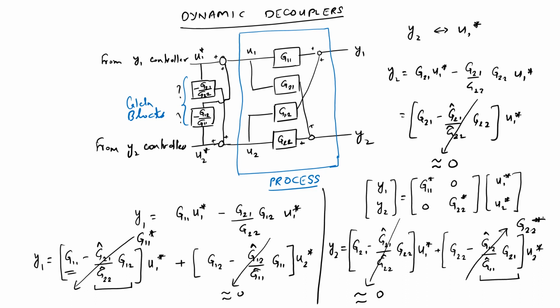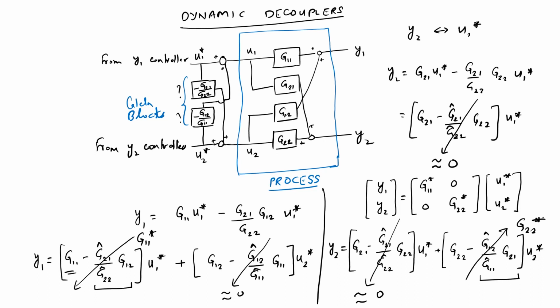Even if there's some plant model mismatch, you get a nearly diagonal system. So dynamic decoupling results in a nearly diagonal system, and now you can tune y1 u1 star using SISO, pretending as if the other loop doesn't exist. Then you can also tune y2 u2 star pretending as if the other loop doesn't exist.